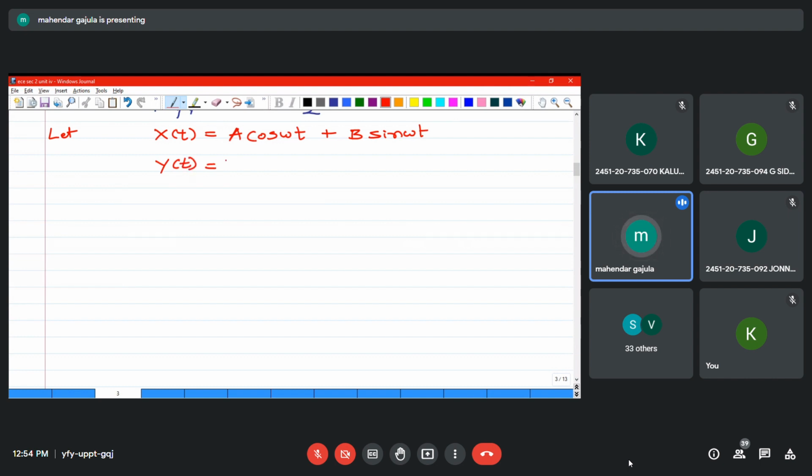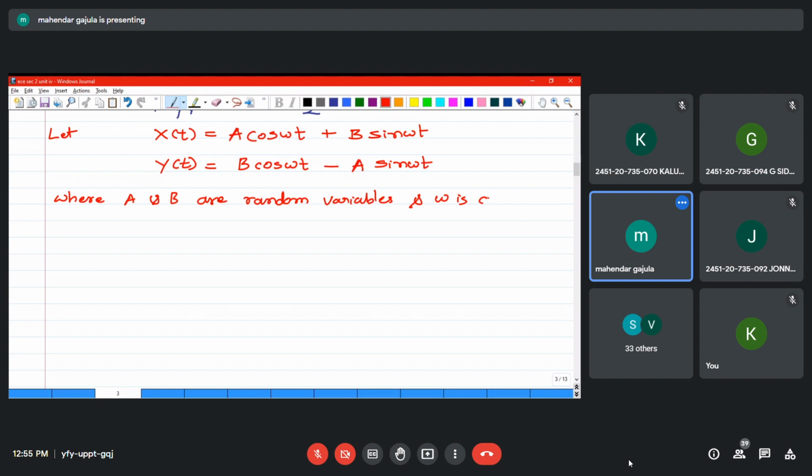Another random process yt is equal to b cos omega t minus a sin omega t, where a and b are random variables and omega is constant.